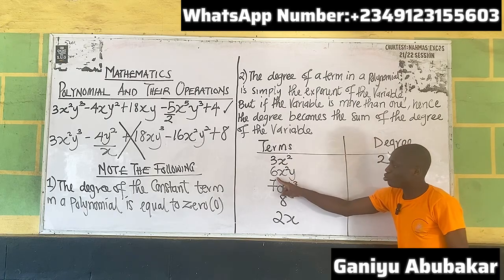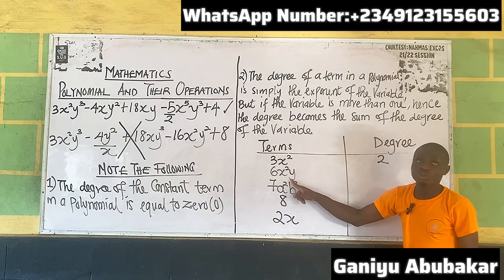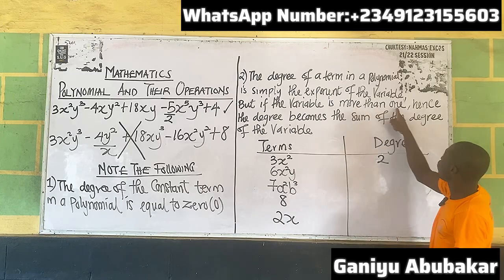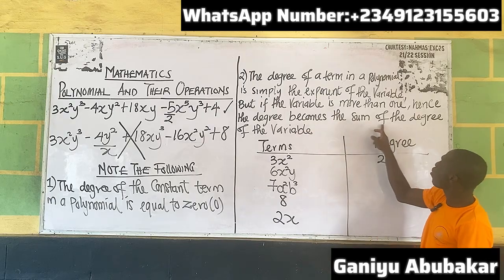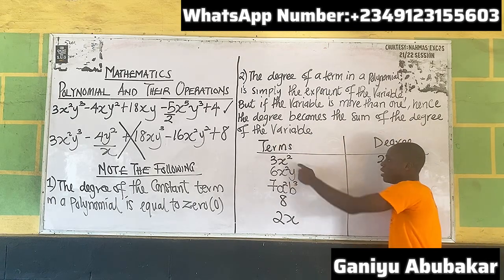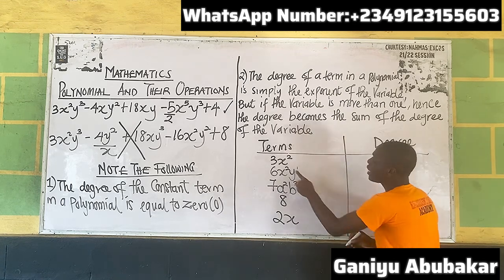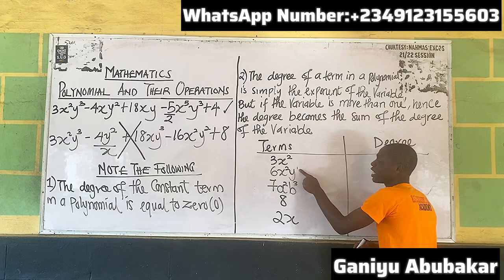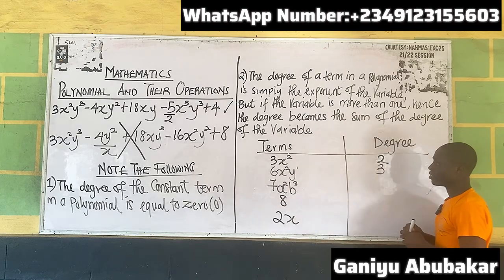Now, for 6x squared y, this is more than one variable. So for more than one variable, the degree becomes the sum of the degrees of the variables. x is 2 here, y has an invisible 1. So 2 plus 1 gives you 3. The degree here is 3.